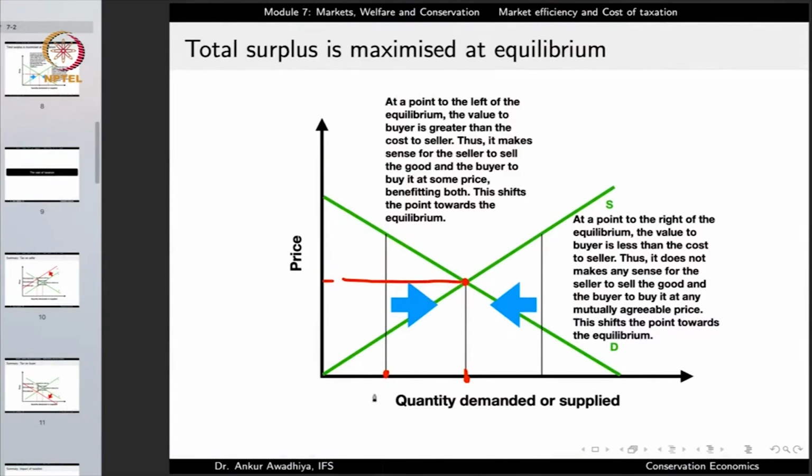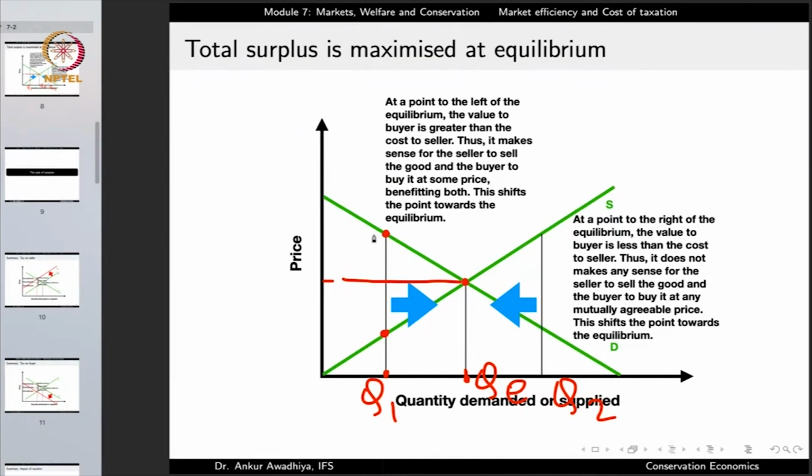Now, if we consider, say, a point here, so this is our equilibrium quantity. This is a quantity that we are checking, and this is another quantity that we are checking, Q1 and Q2. Now, at point Q1, the seller is able to supply at this cost, and the value to the buyer is this much.